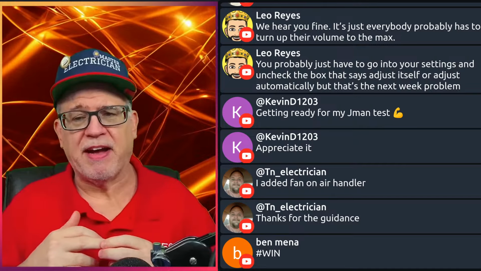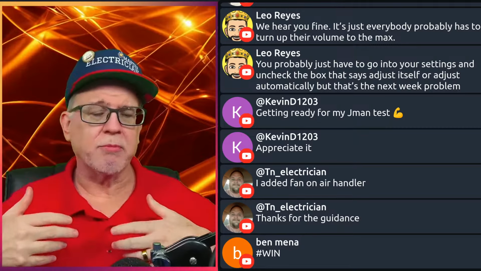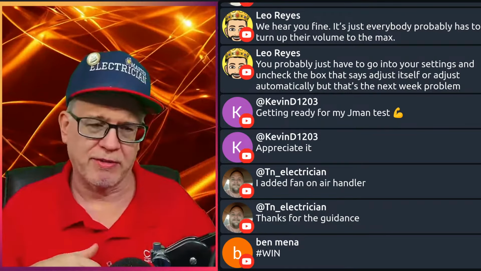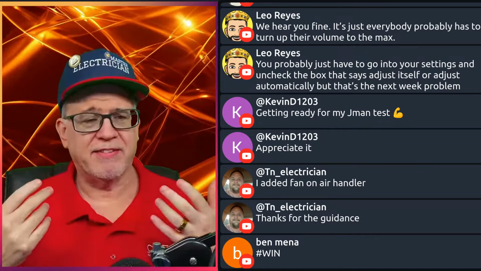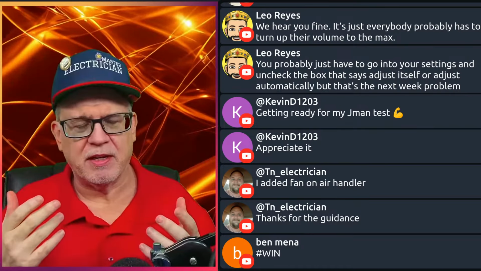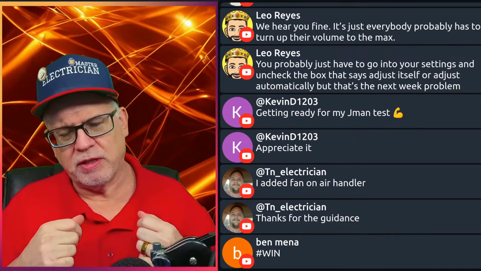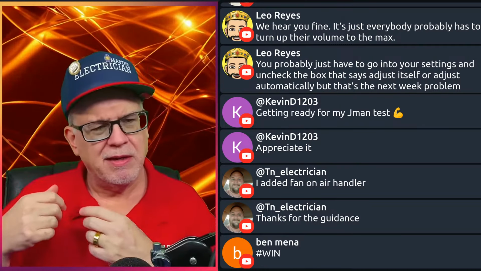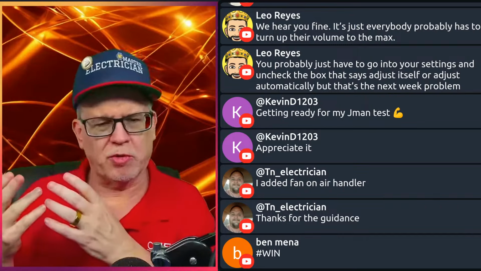So I'm using 75 here because I'm telling you we're using THHN. That's the most common building wire out there. But keep in mind that if something's missing on a question, they give you the terminal ratings but they don't tell you the wire type or the insulation type, or they don't tell you the load terminal ratings.